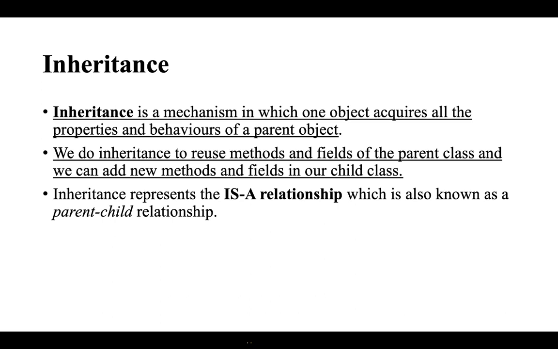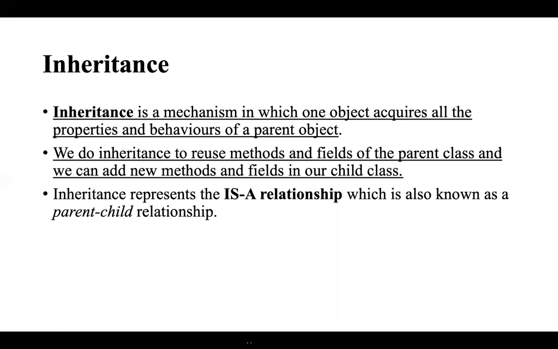So what is the use of inheritance then? Reusing methods and fields of the parent class. That is one thing, but there is another feature. If we are in a child class, then from that child class we can reuse the methods and fields of the parent class. This is one thing, but we can also introduce methods and fields in the child class.